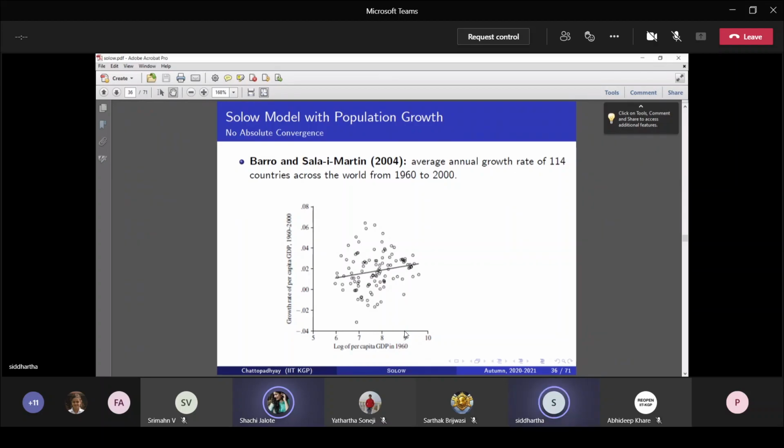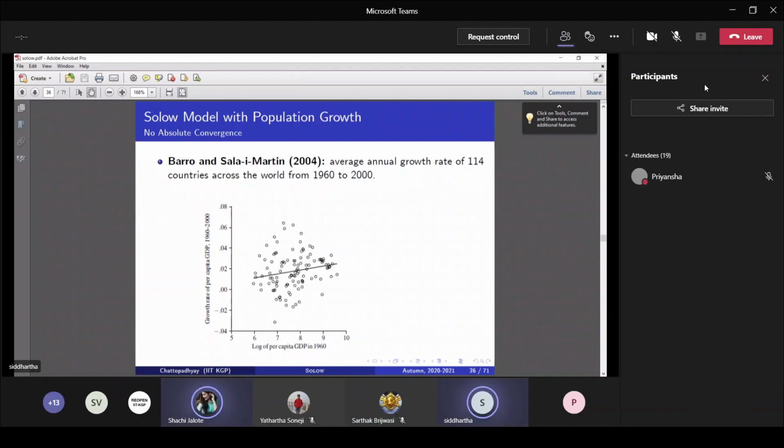Then if the prediction of the Solow model holds, what should have been the growth rate of USA? Is it higher than 0.06 or lower than 0.06? Lower than 0.06.